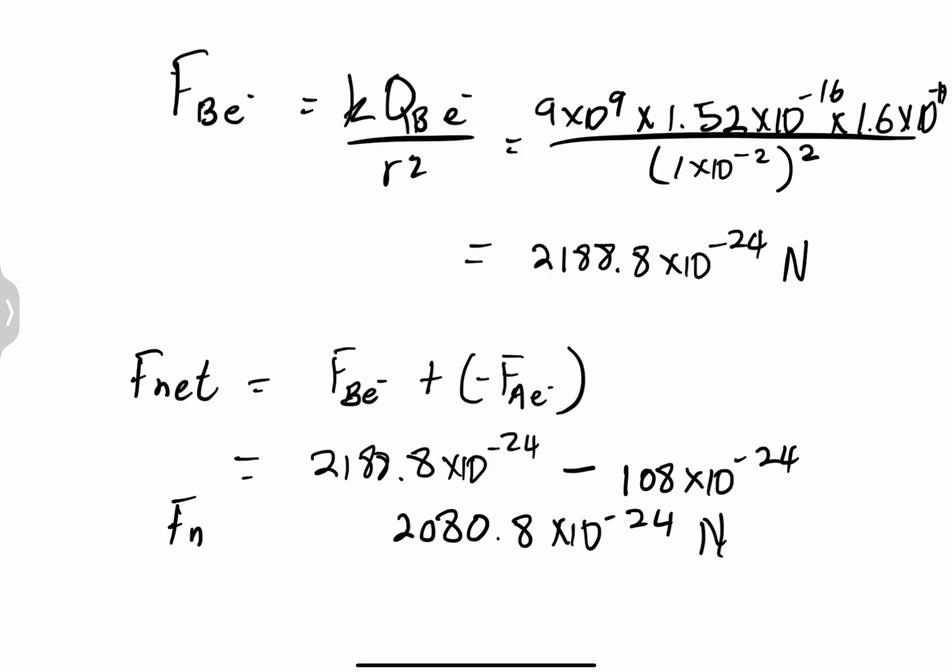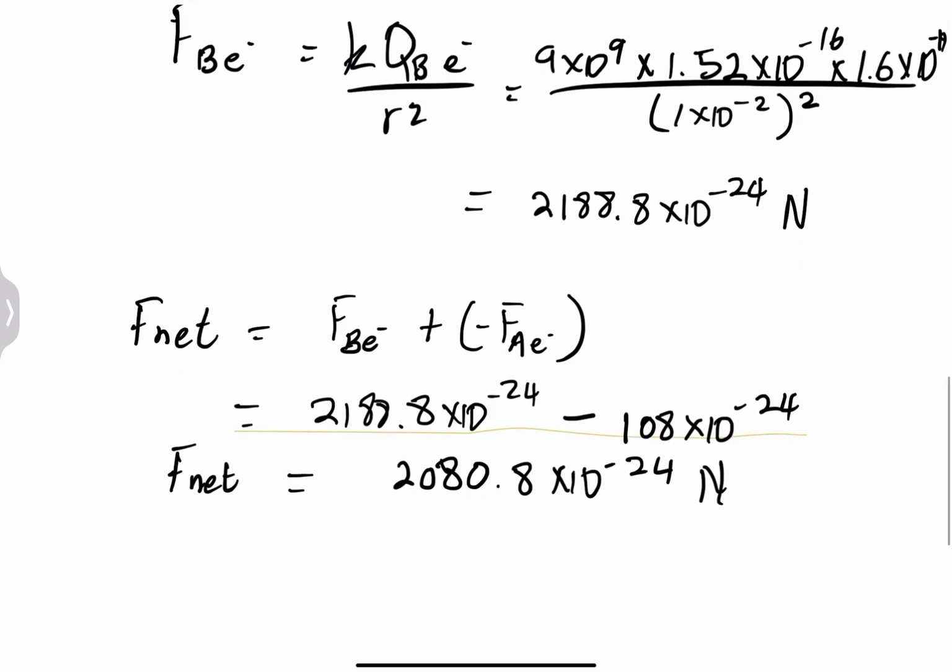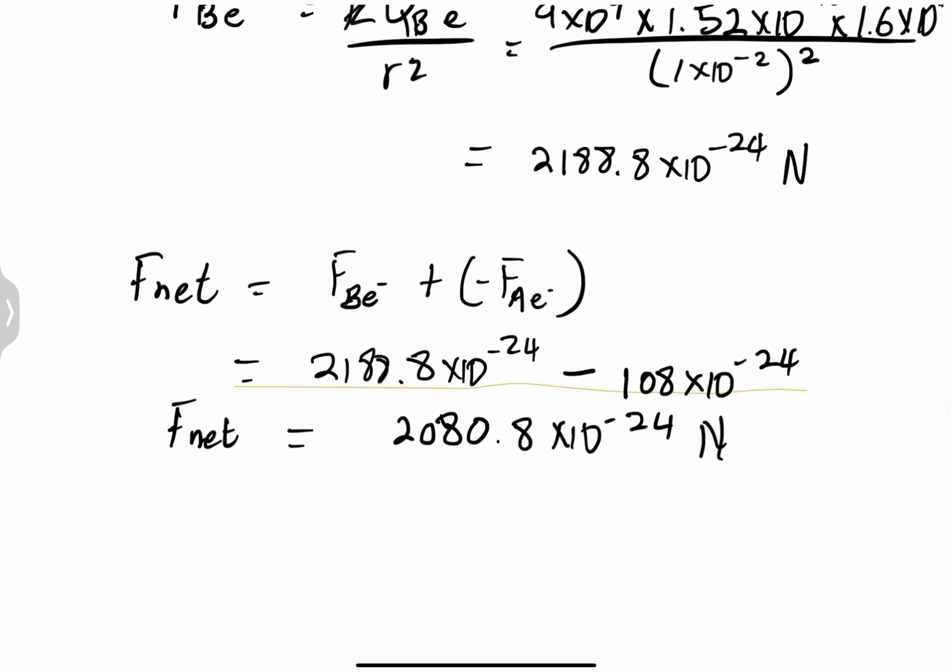I'm still trying to wrap up in my mind an easier way, of course, to express this. So if I move that up, in this case, I would need to divide. So this would be 2.08.